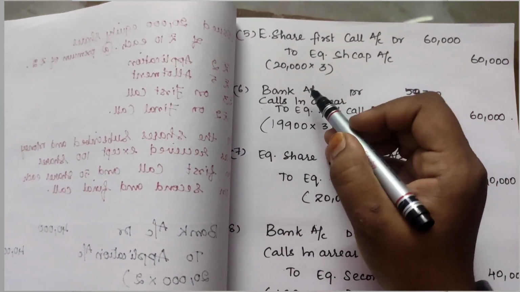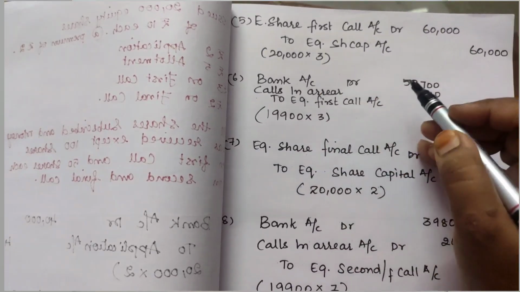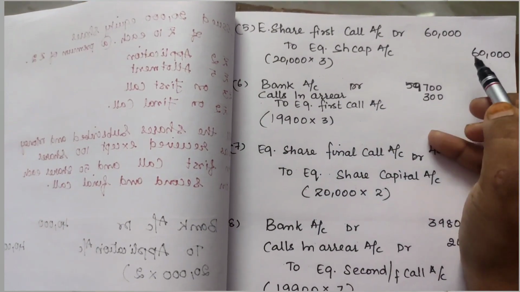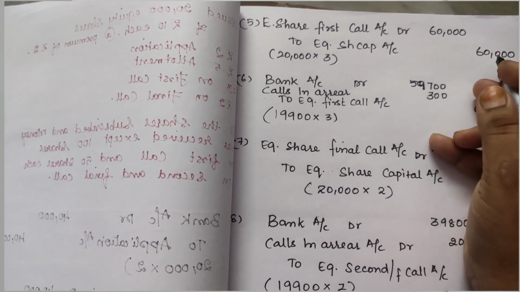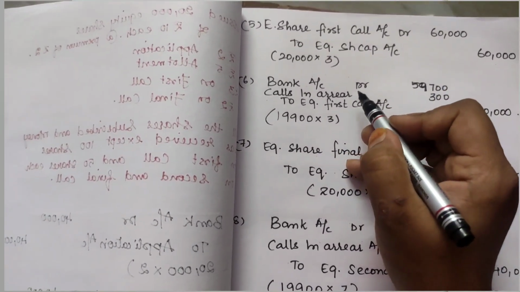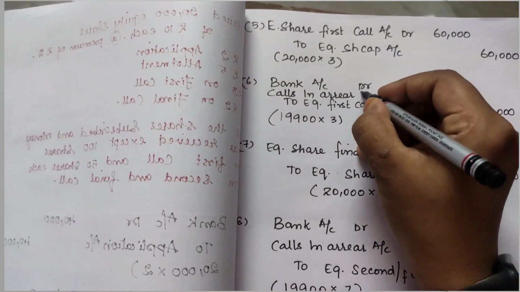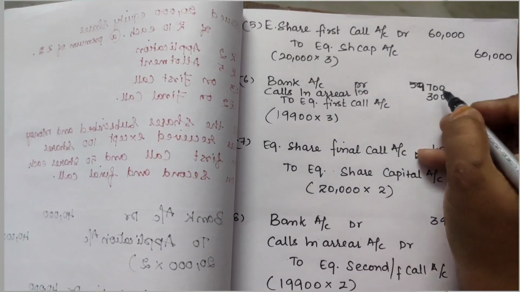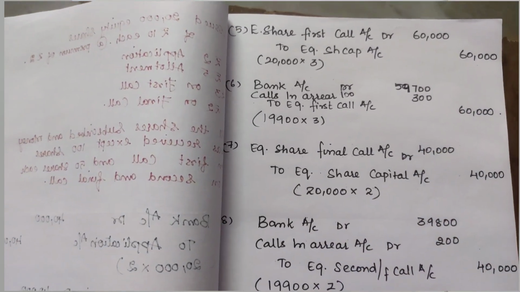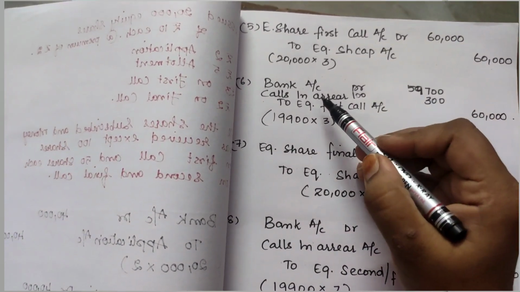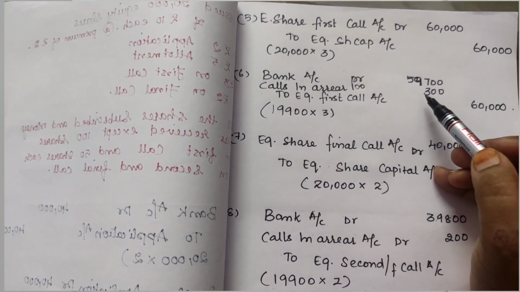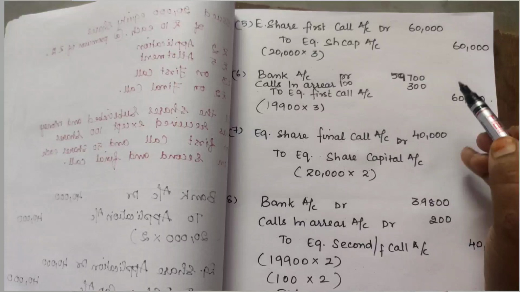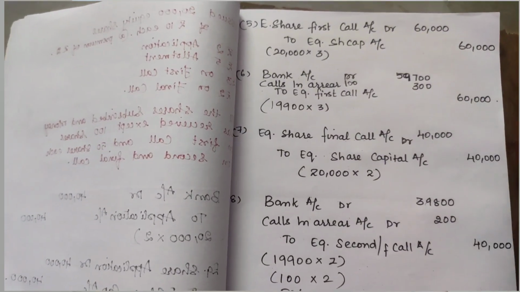In the bank account we have received only 59,700 instead of 60,000. What is it? It means 100 shares have not paid. So 100 into 3, 300 has not been paid, so calls in arrear. It means they have delayed the payment, so it will come on the debit side. Overall 60,000 we need to write down, but only this money will get transferred.